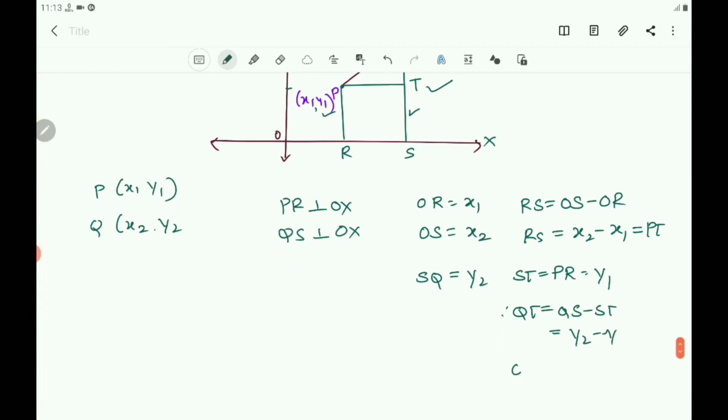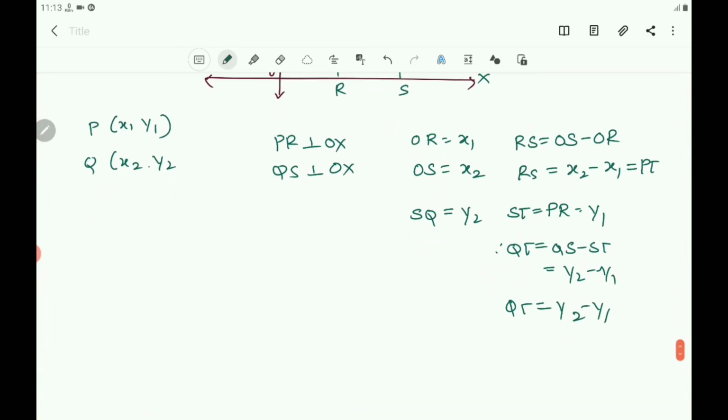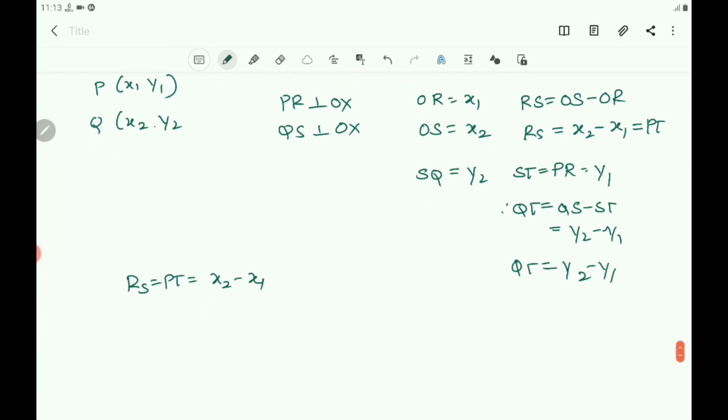So you got QT equals y2 minus y1. So which lengths did you get? You got RS equals PT, both equal to x2 minus x1, and QT equals y2 minus y1.